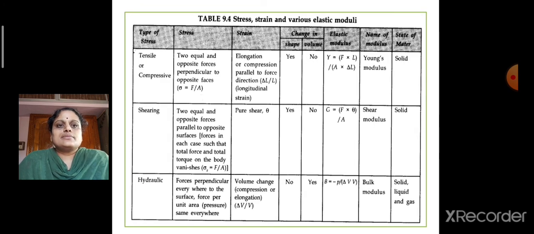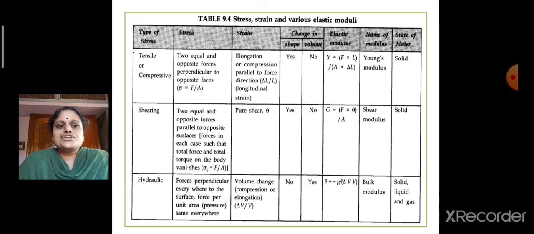This is a table which defines stress, strain and various elastic moduli for materials. In this, the tensile or compressive stress, the corresponding strain, elastic moduli, name of the elastic moduli and state of matter of the material are shown to you.